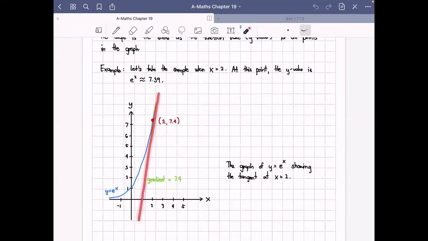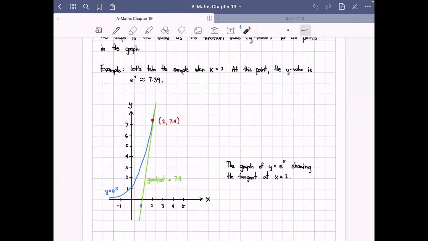Finding the gradient of this tangent to the curve is also equal to the y value of the curve. What do I mean by that? Their y values are the same. That's why the derivative of an exponential function is just the same.